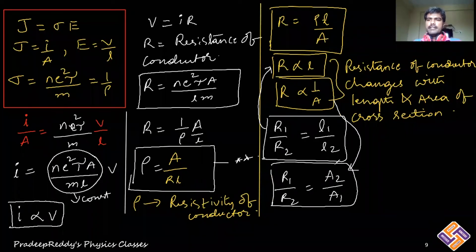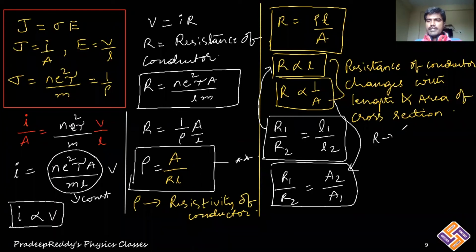So this is the dependence of resistance with respect to length as well as area of cross section. Resistance of the given conductor increases with length and decreases with area of cross section. These are the two factors upon which resistance depends. And remember, resistivity for a given material is constant.